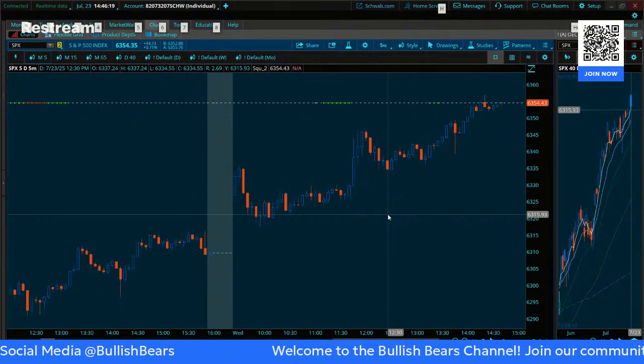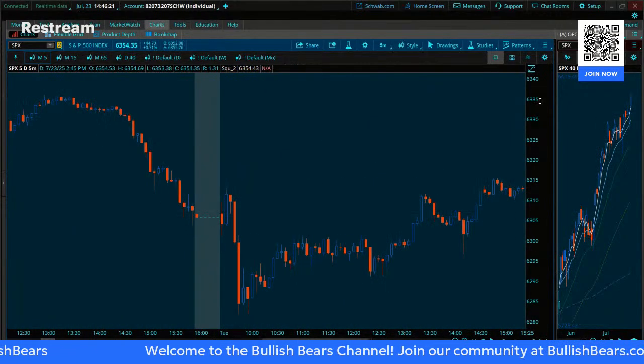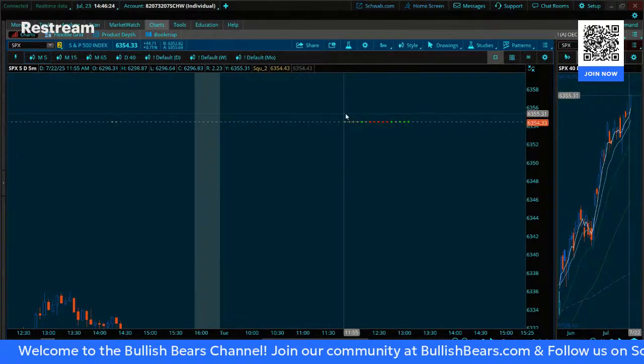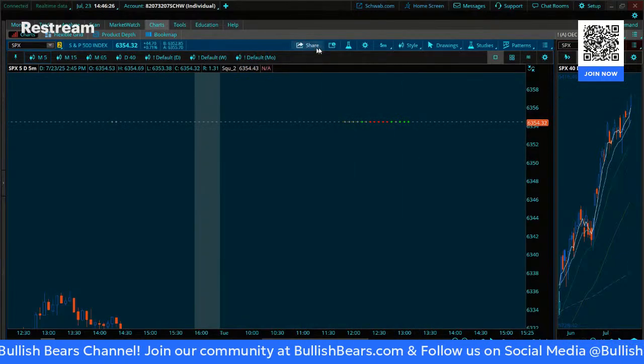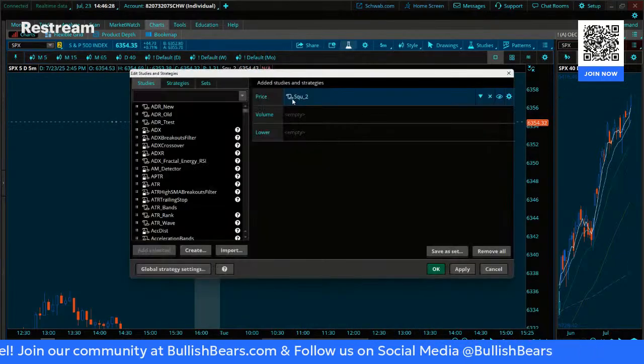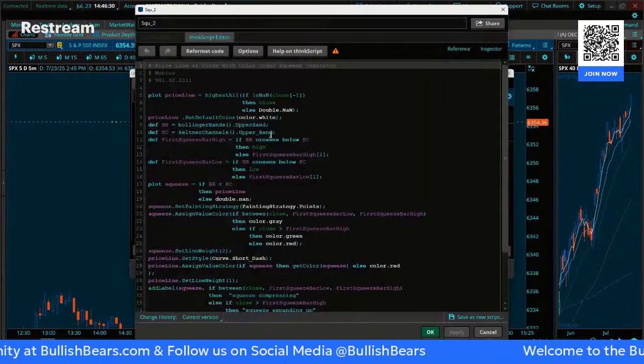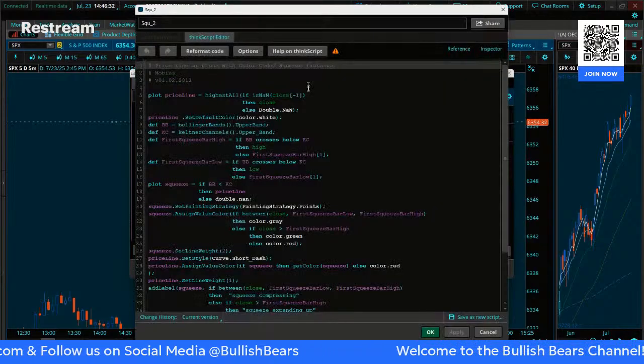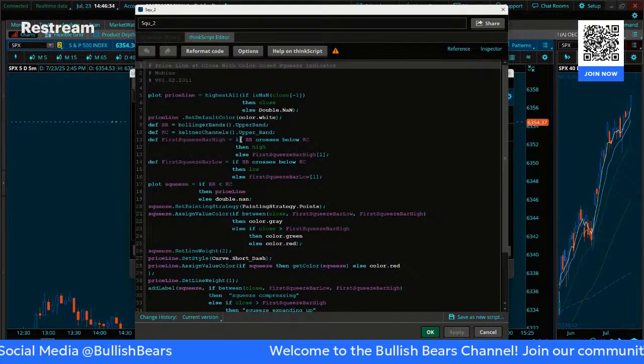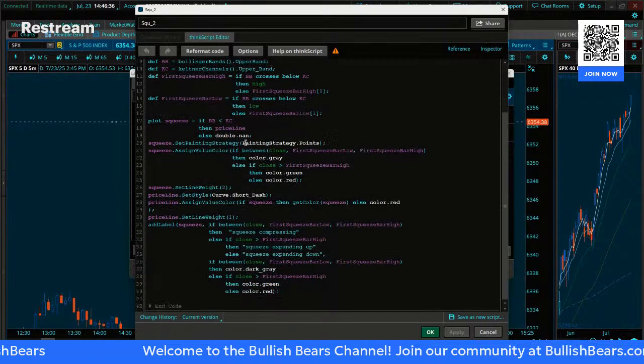All right, so this has got multiple colors, and the line changes color. It's another Mobius version. I didn't code this one.